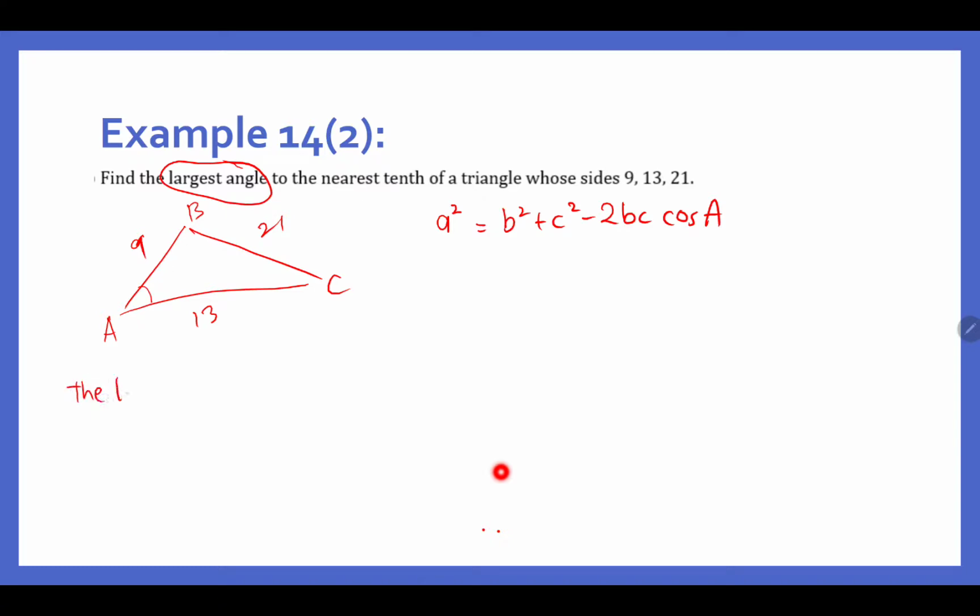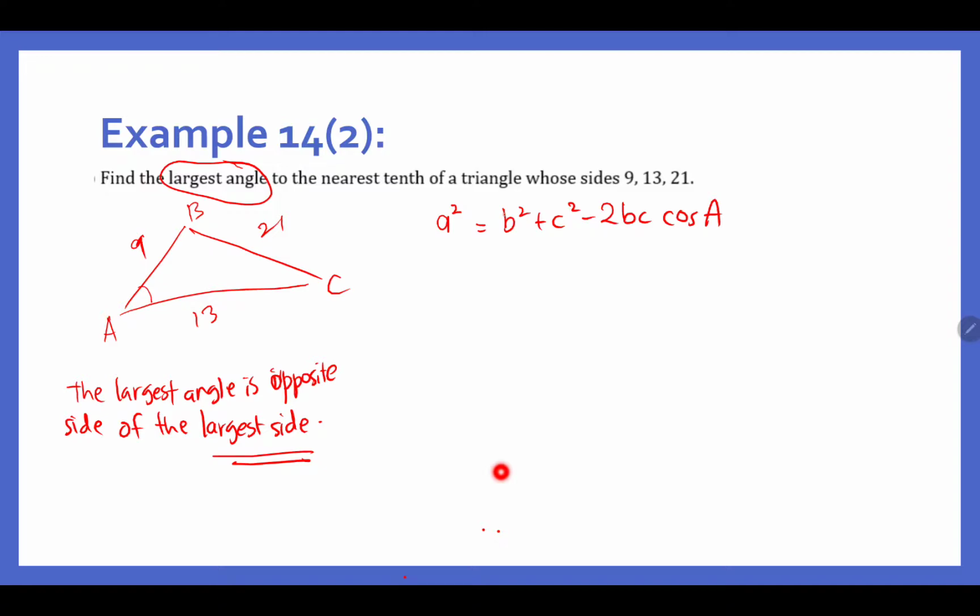Because we know the largest angle is opposite the largest side, as we learned before.